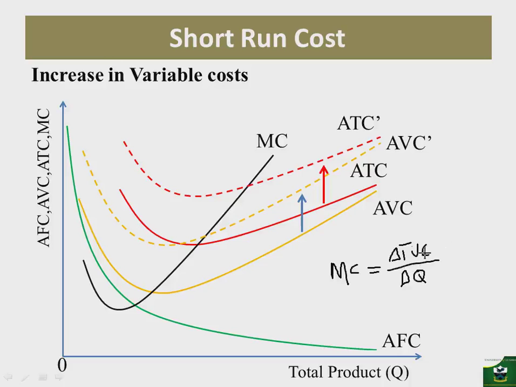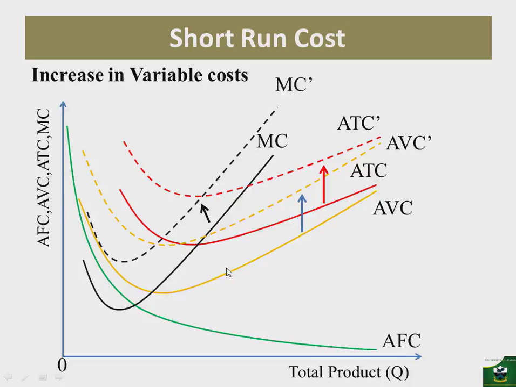So if this part here has increased, holding output constant, it means that the marginal cost will also increase. As such, our marginal cost curve will shift left upwards, and the curve will go to the new level, which is the marginal cost prime.